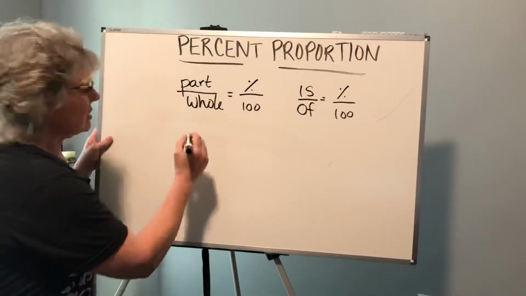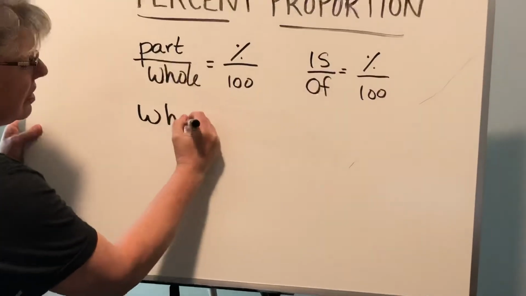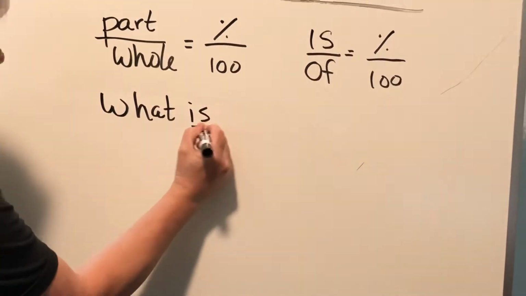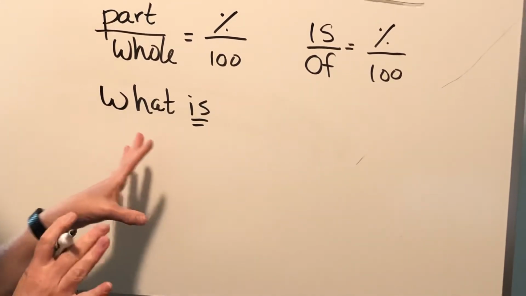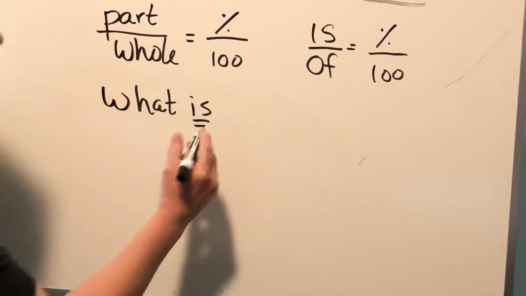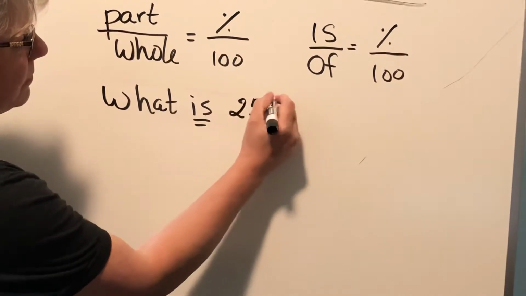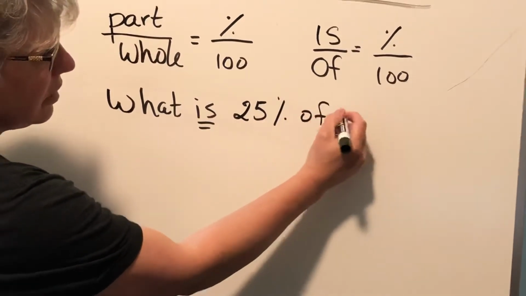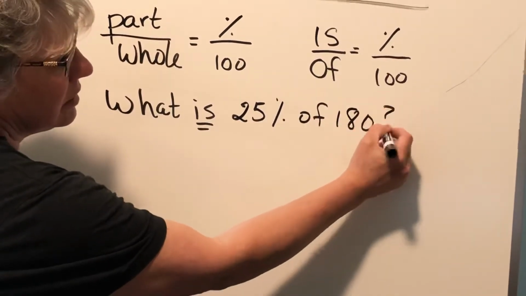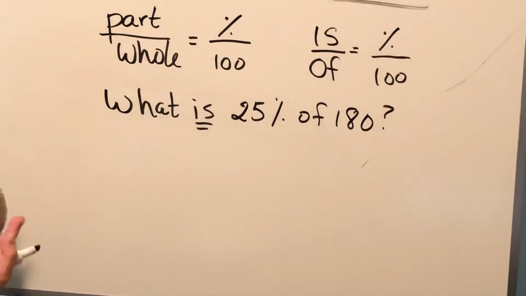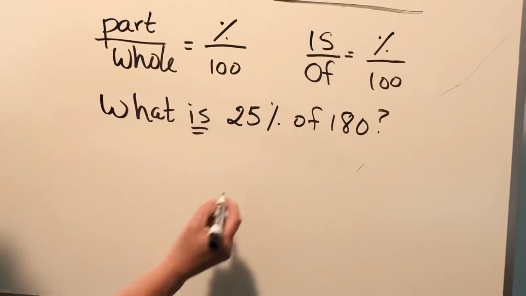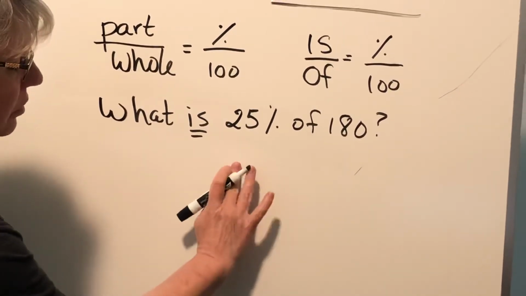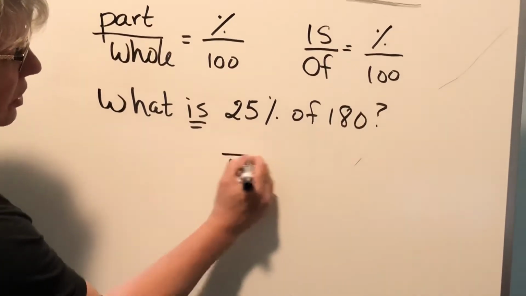So if we take something that looks like this, what is, and I'm going to underline that word is, and I'm not big on underlining, but I'm pulling this out for a reason. What is 25% of 180? Well, the constant in this is going to be that 100 because we know percent always goes over 100. So I'm going to put that 100 there.